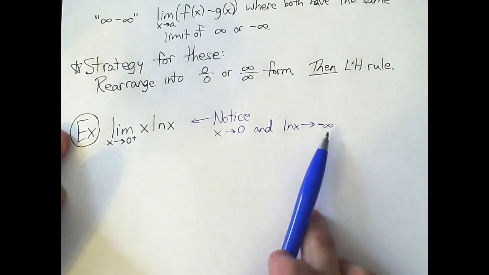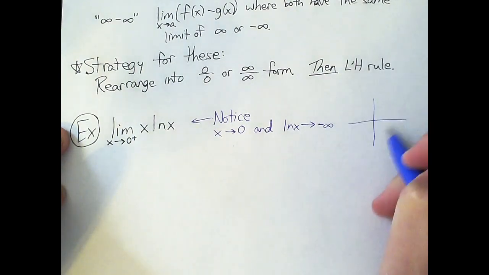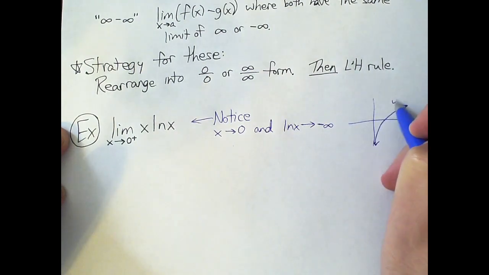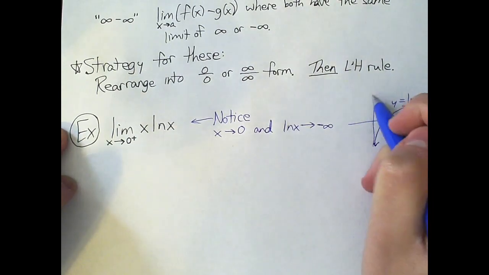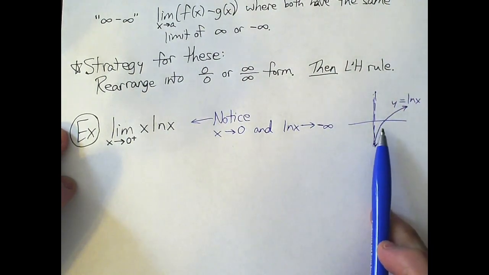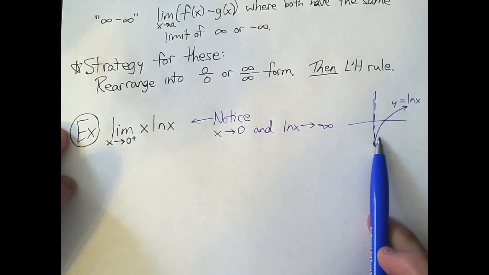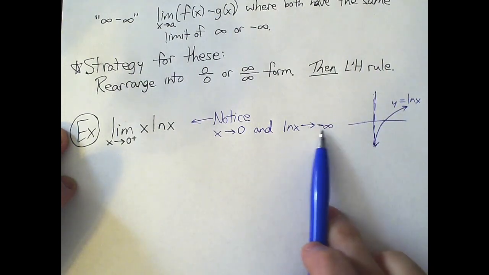It's because I remember the graph of ln x looks like this with a vertical asymptote. In my head, I was thinking about this vertical asymptote on the y-axis, and I was saying, if x approaches 0 from the right, that's what the plus sign means, then y is getting lower and lower and lower. It's going to negative infinity.